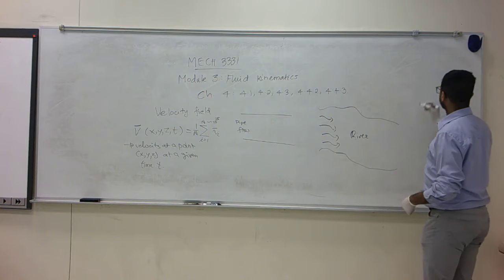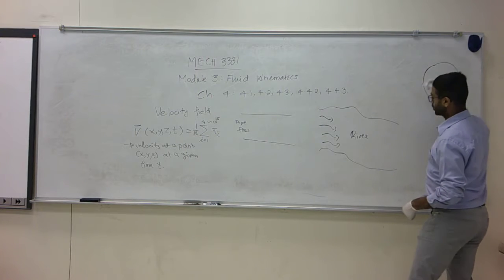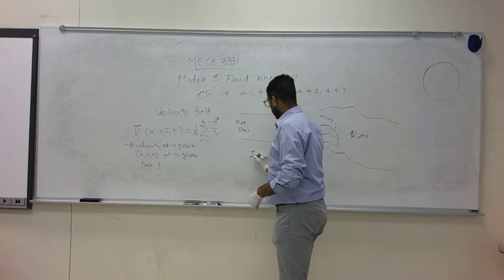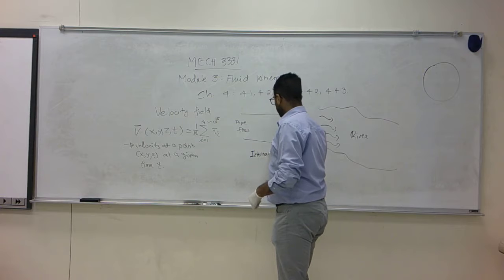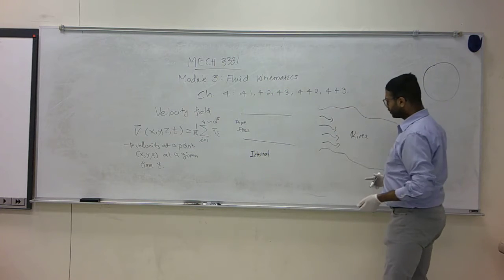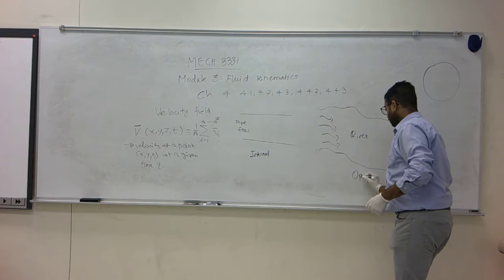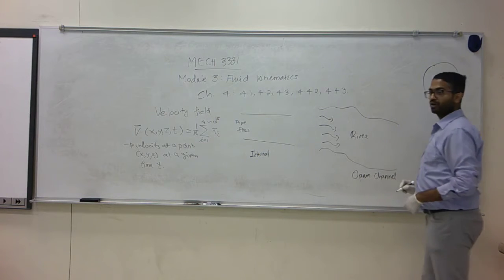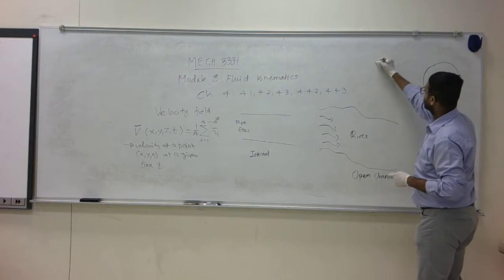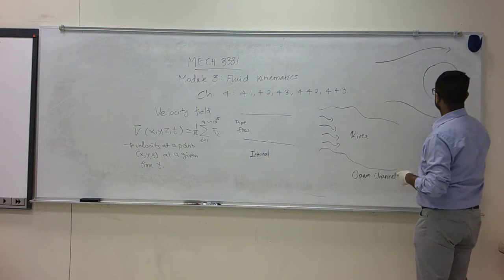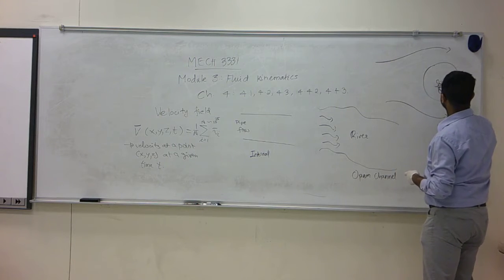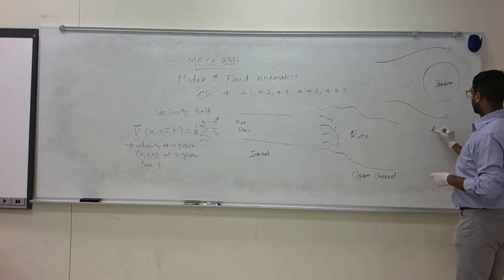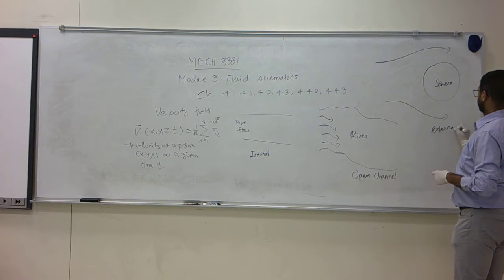This is what is called an internal flow. It's internal to this tube. This is what is called an open channel flow. And if we have a flow over a sphere, this is what we would call an external flow.